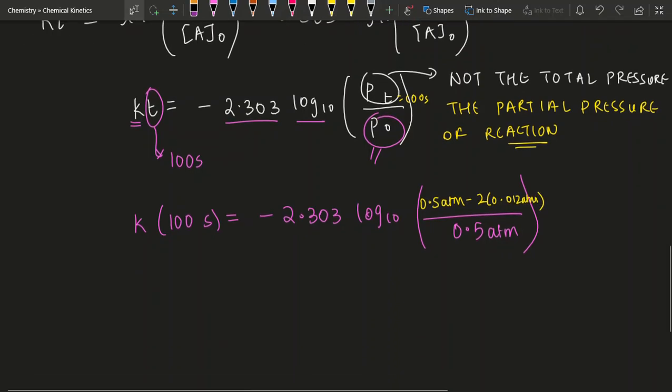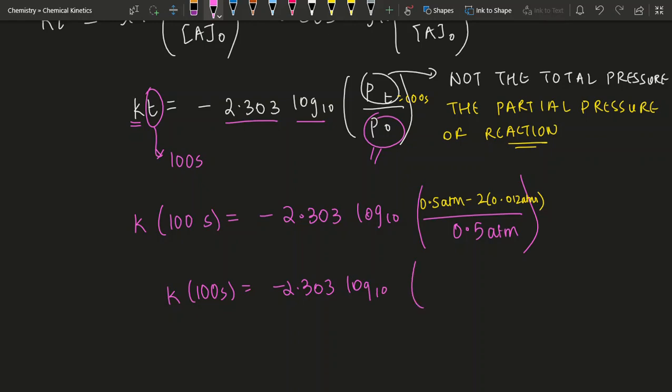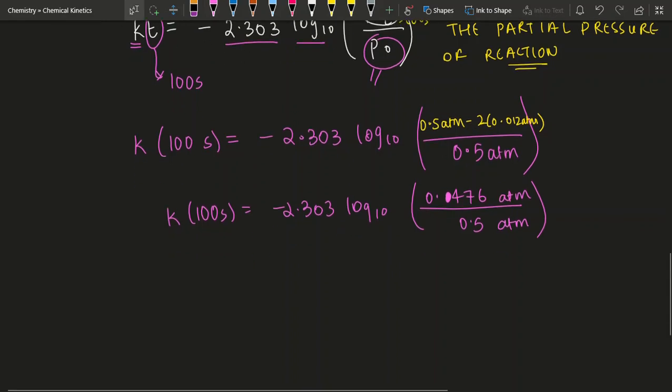And if you solve that a bit, you would then arrive at k times 100 seconds equals negative 2.303 log to the base 10 of, if you subtract that, I'm not doing the subtraction here, 0.476 atm over 0.5 atm.